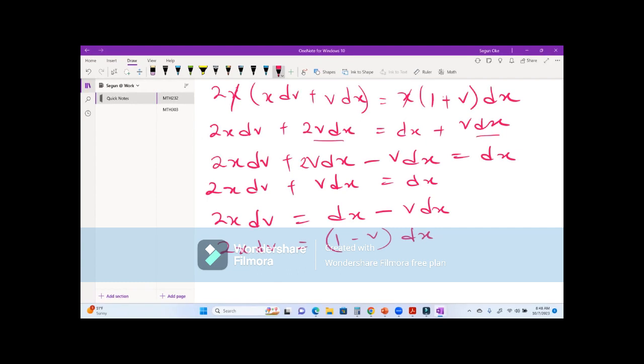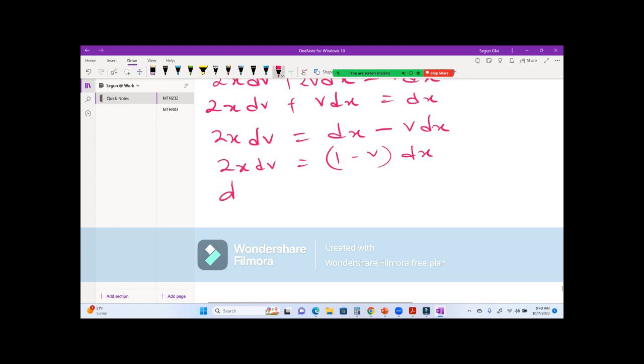Right. So I need to do what we call separable variable, the method that we learned last week. We need to implement it now. So for us to divide both sides, what do I need? I need v to go to v, I need x to go to x. So how do I do it?